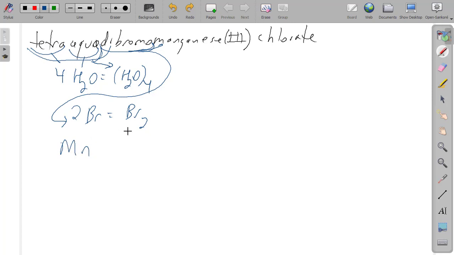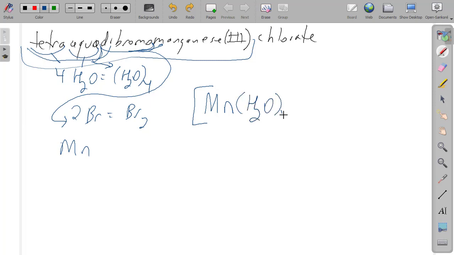Mn. All right, and so this is all the coordination sphere then. So if I'm going to put a formula for this, I'm going to open it up. Metal goes first, and honestly don't care whether you put the H2O or the Br first. I'm going to put the H2O first. Sub 4, Br2. Now close this because that's all that's in this coordination sphere.